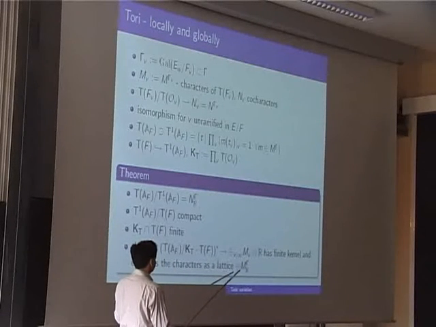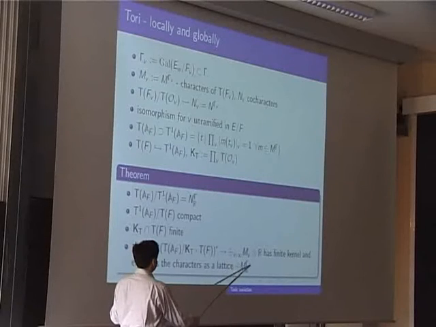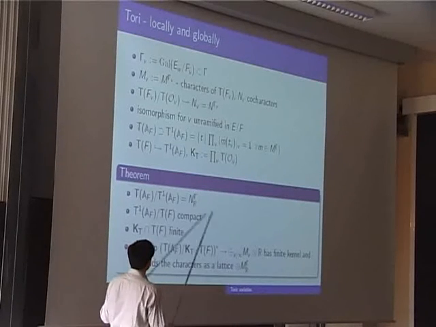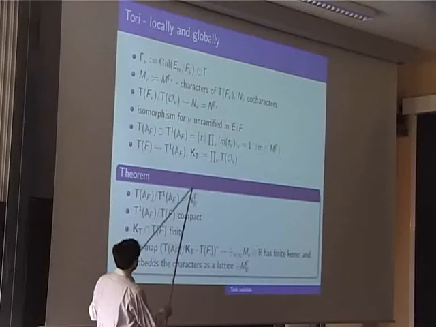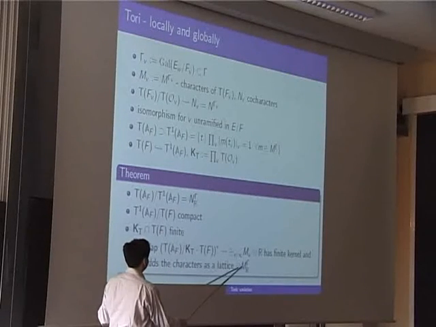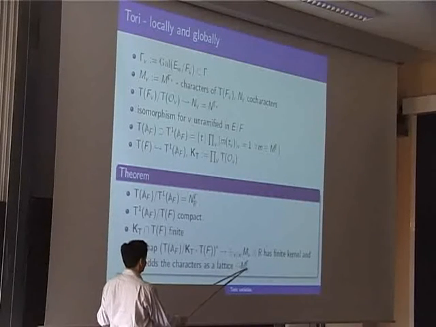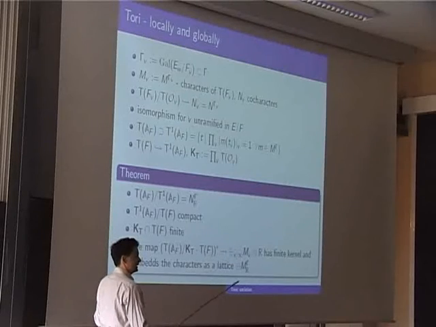And in that space, we have characters dual to T modulo T^1. So that's that space, M Gamma R. And the rest is a lattice.